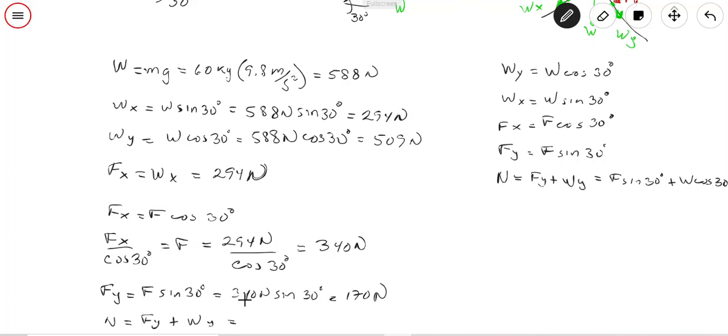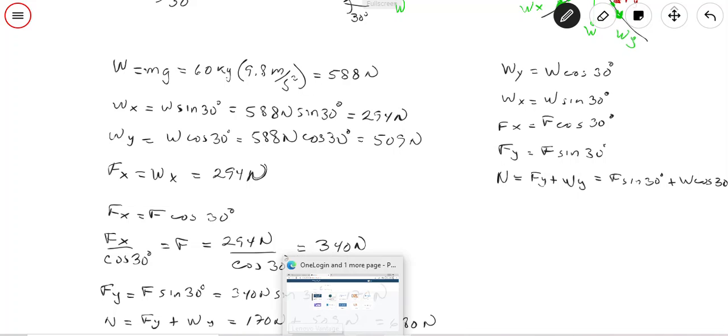So Fy 170 newtons plus Wy. Wy we said is 509 newtons. So the normal force will be 680 or 679, so approximately 680 newtons. So we found the magnitude of all the forces.